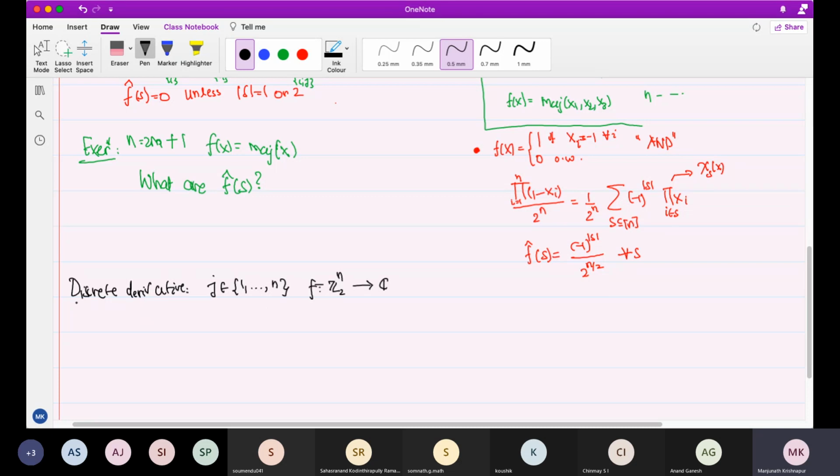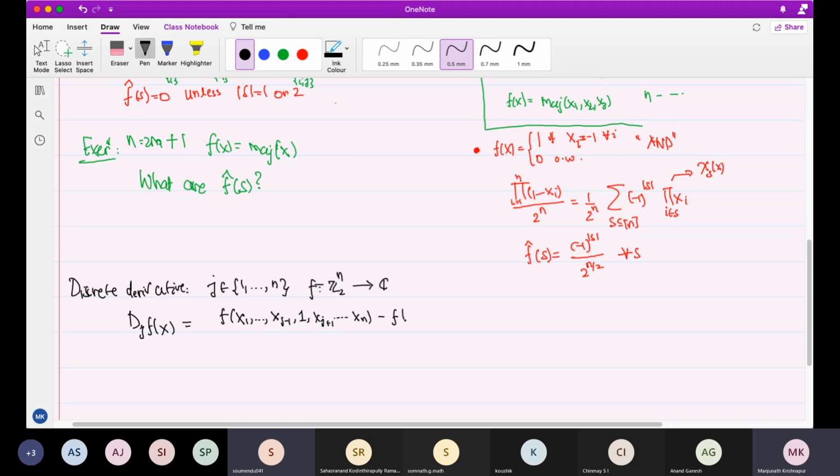The discrete derivative is defined like this: d_j f of x is f at x with all the other coordinates fixed, x_1 through x_{j-1}, the jth coordinate set to 1, then x_{j+1} through x_n. These x_i's come from this x, of course.